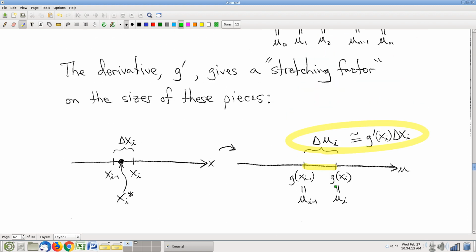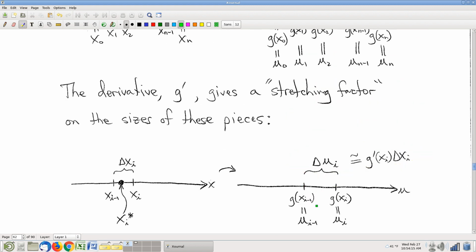One is the idea of how these pieces stretch out. So this piece here stretches out to turn into a little piece here. There's a factor that allows me to keep track of how much that stretched, and the derivative is the factor by which size stretched. So we're going to do something along those same lines in a two-dimensional setting.